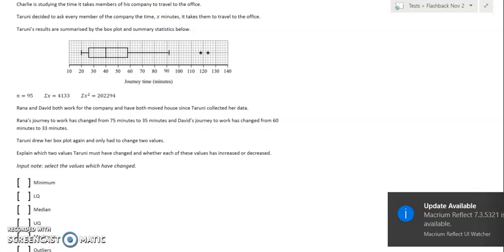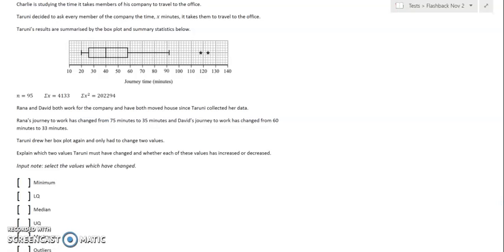So Rana and David both work for the company, and they have moved since Taruni collected her data. Rana's journey has changed from 75 minutes. So Rana used to be in the top whisker, and it's changed to 35 minutes. So she's moved into the gap between the lower quartile and the upper quartile.